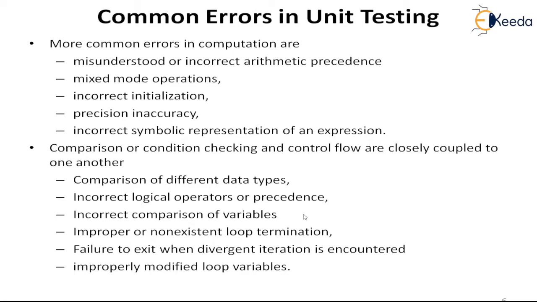This is also a very common mistake. Failure to exit when divergent iteration is encountered. So this is related to this one. Improperly modified loop variable. Suppose the loop variable itself is getting modified, then you have a problem because loop variables are not supposed to be treated as program variables. So with this kind of thing, comparison and looping, you can get these common errors.